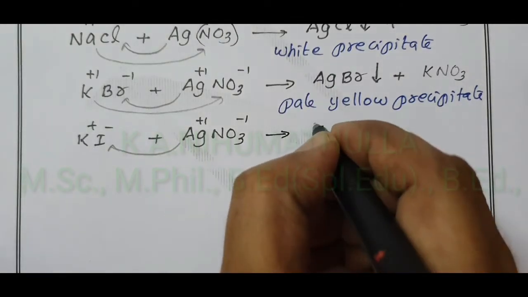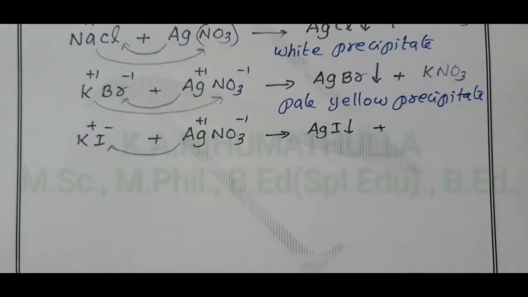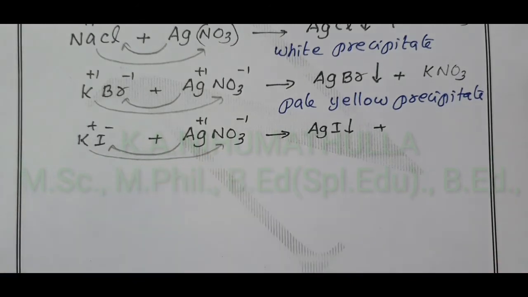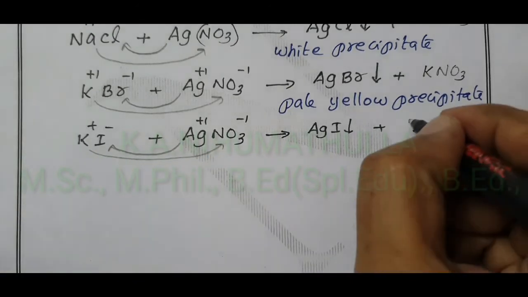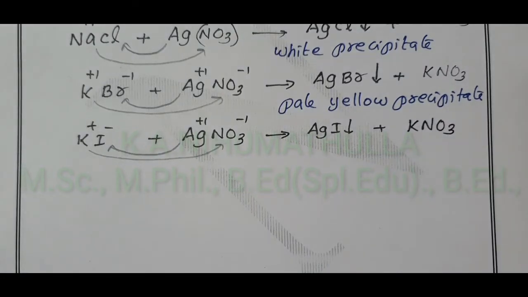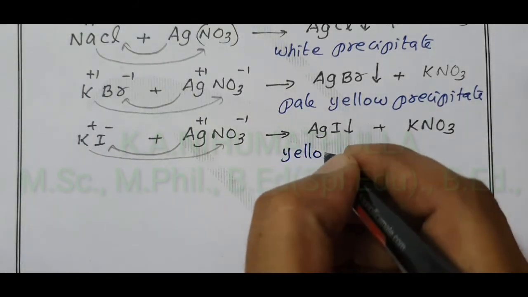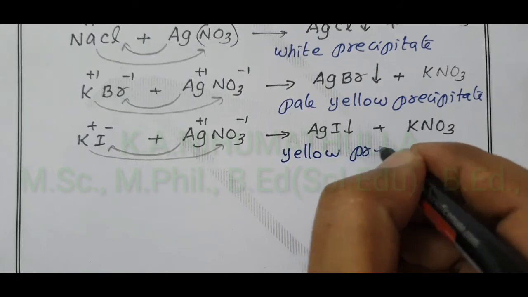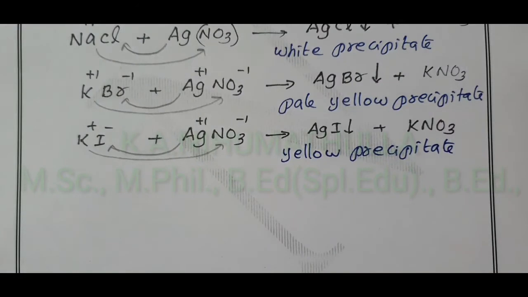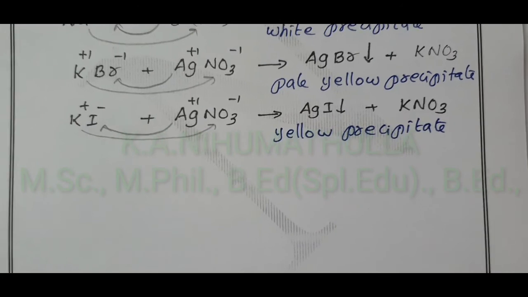As usual, K plus combines with the NO3 minus to form KNO3. The formation of a yellow precipitate indicates that in the given complex I minus is present in ionic state. Using this, we can distinguish the given two complexes.